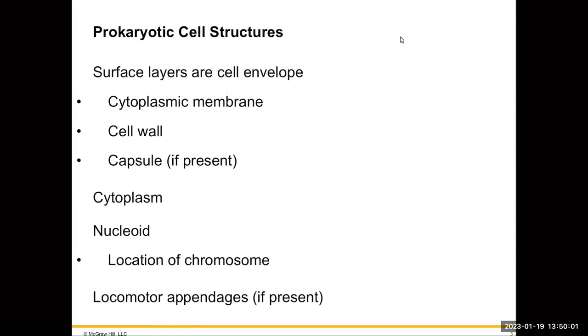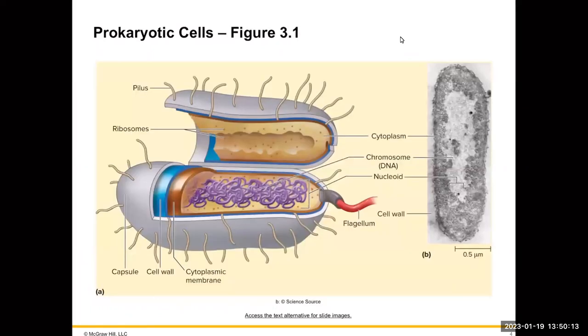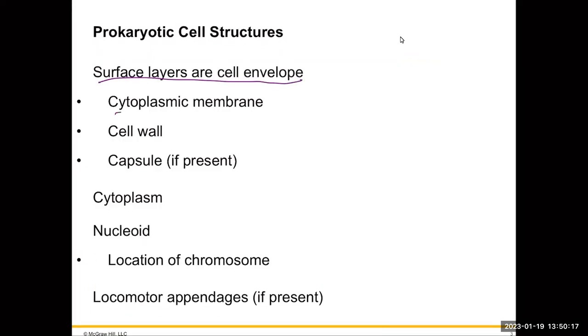Okay, now we're going to go over all the prokaryotic cell structures. Let's just start with the surface layers. Okay, so I have a picture here. It's easier to kind of do it with the picture. So let's start with the cytoplasmic membrane, and then the cell wall and a capsule.